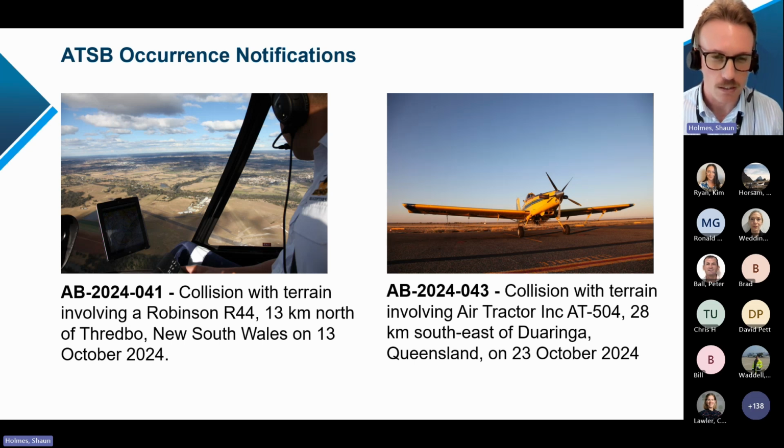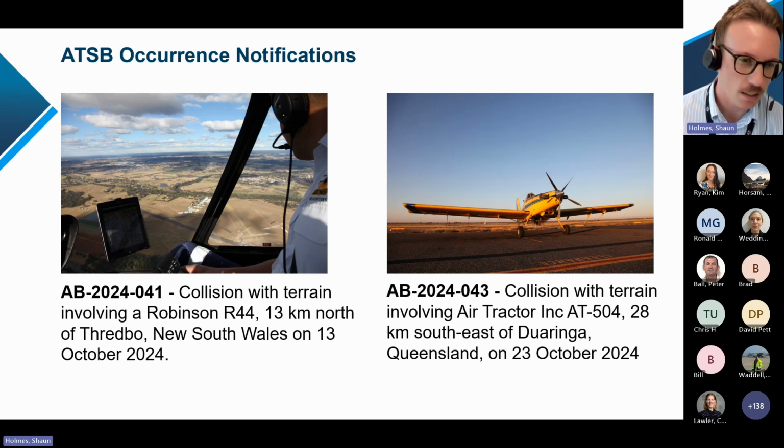So we can see, stemming from a relatively basic concern, if you like, of that phone or that EFB coming from the mount, being concerned about it being near the flight controls, there was an unfortunate outcome from that incident.